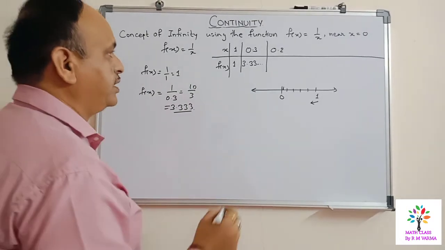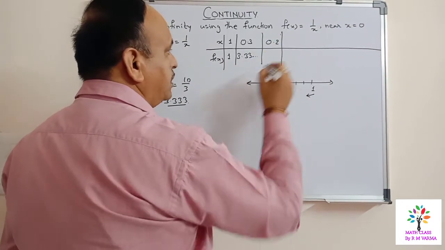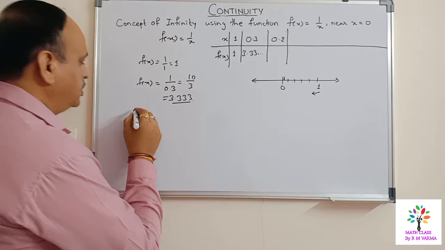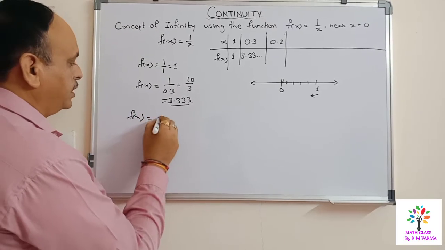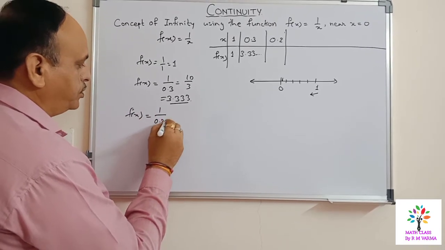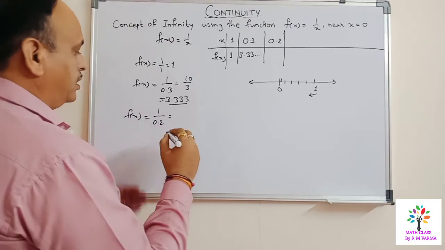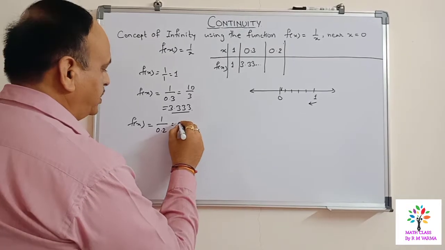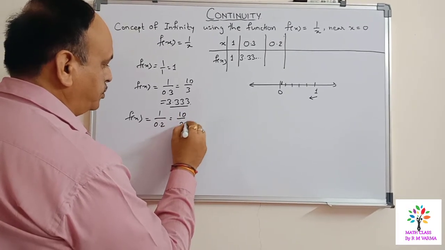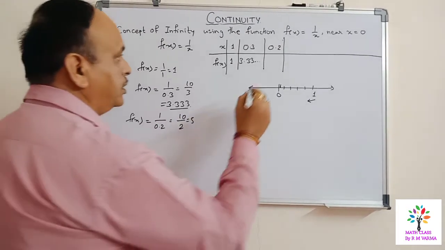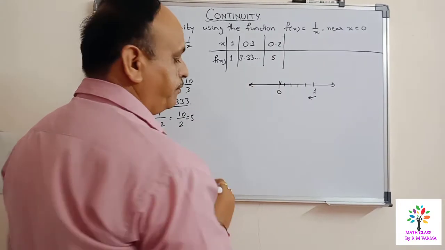Now 0.2, if I take, what answer do I get? f(x) equals 1/0.2, that is, if I remove the decimal, 10/2, which gives me 5. So the answer is 5.